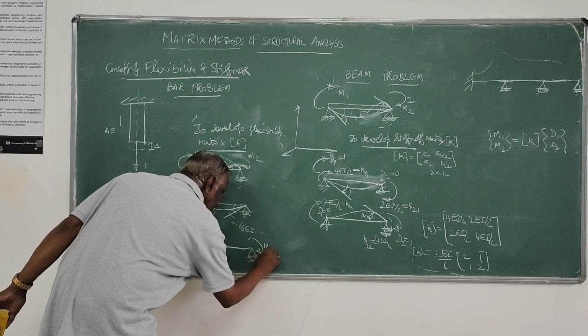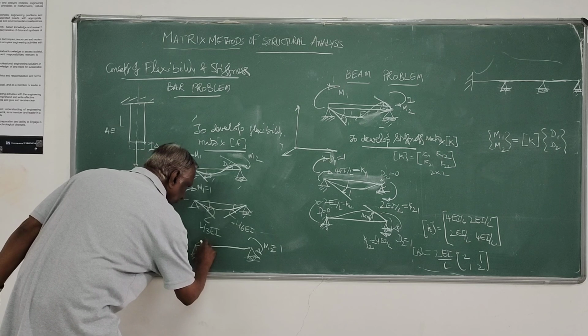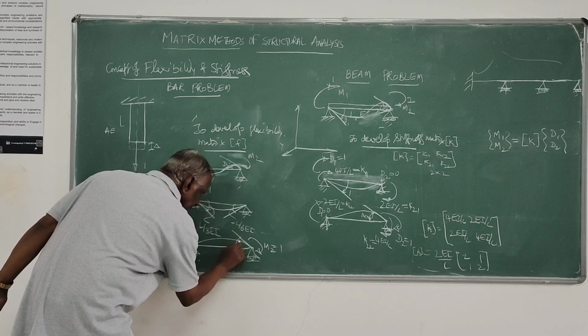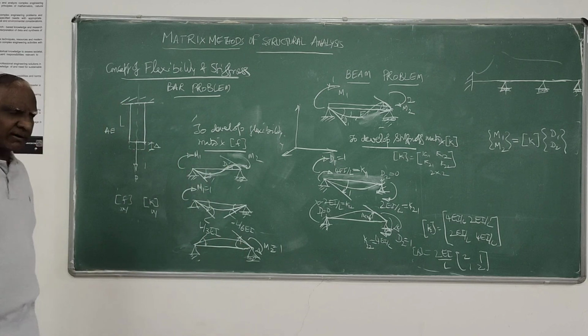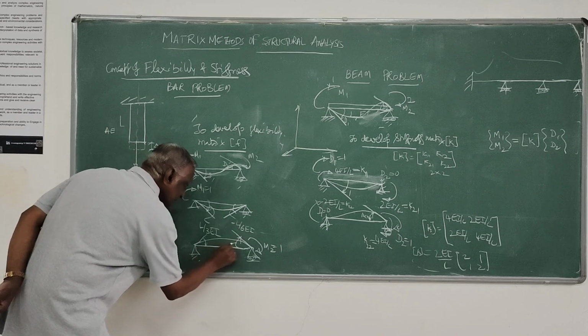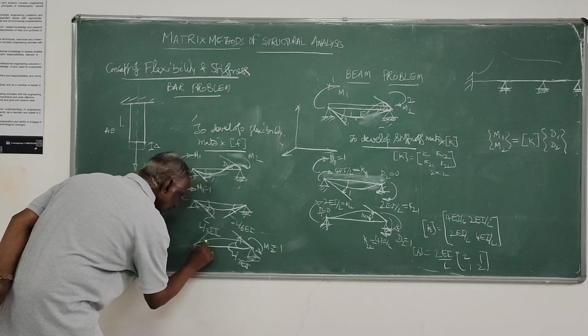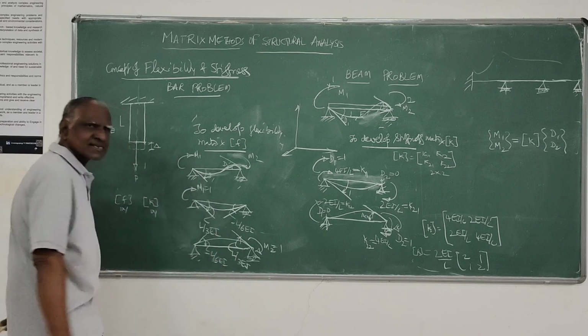Here M2 equals 1, you can apply. So it will reflect in this pattern. This is the displacement developed here, and this will be L by 3I. Here this will be minus L by 6I.